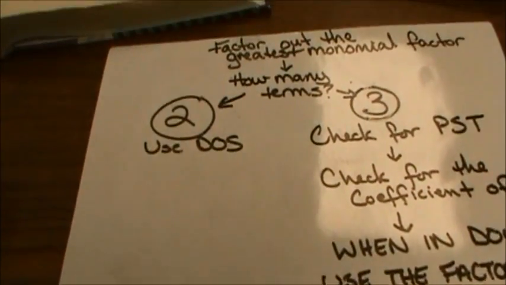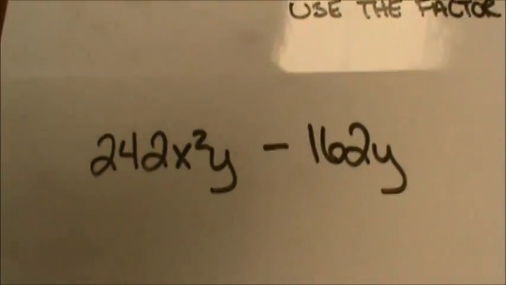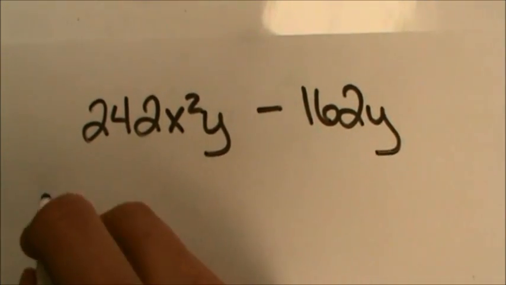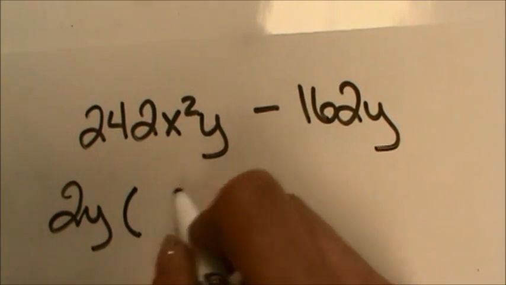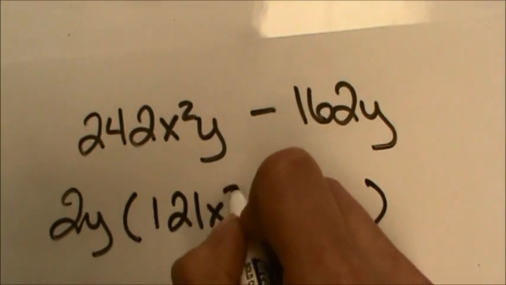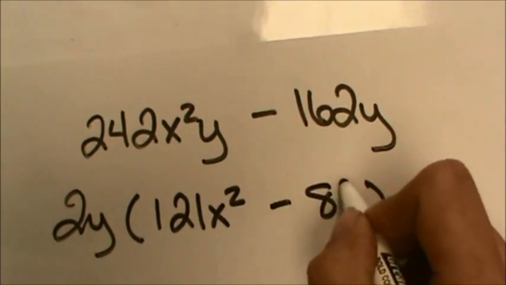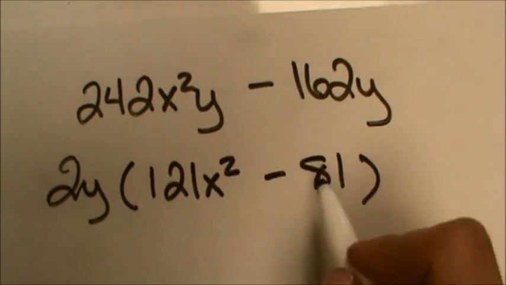First step, as always, factor out the greatest monomial factor. And right here, they are both divisible by 2 and they both have a y. 2y goes out in front. 121x squared minus 81. If I look at what I have left, there are 2 terms.